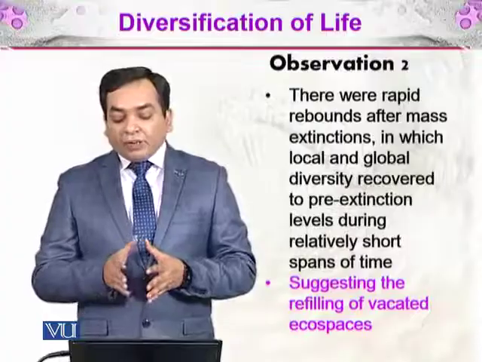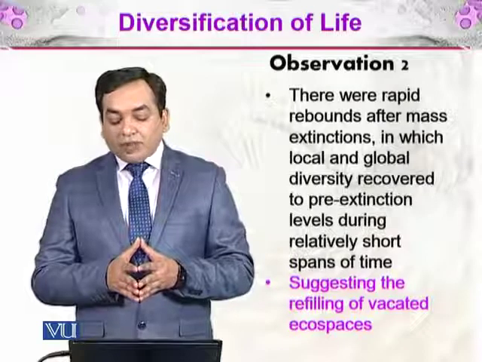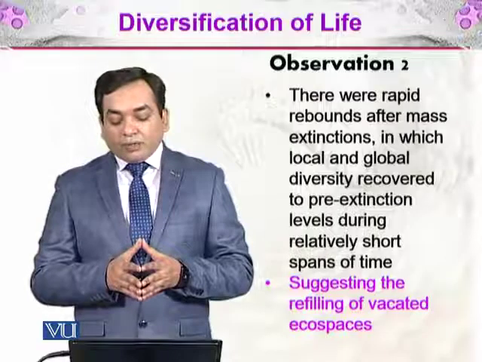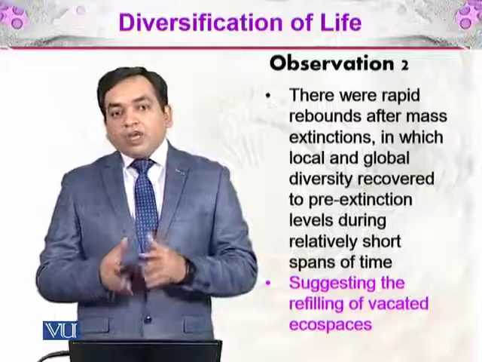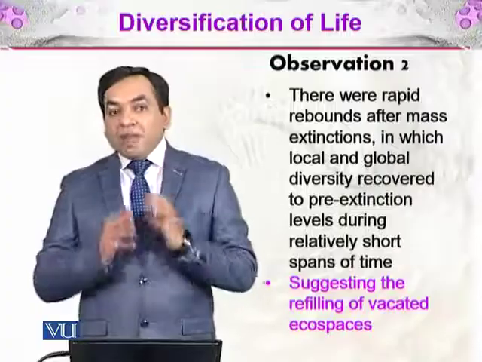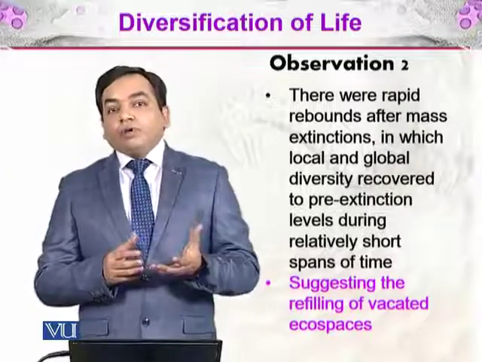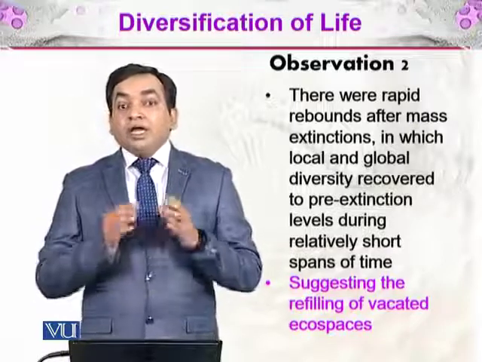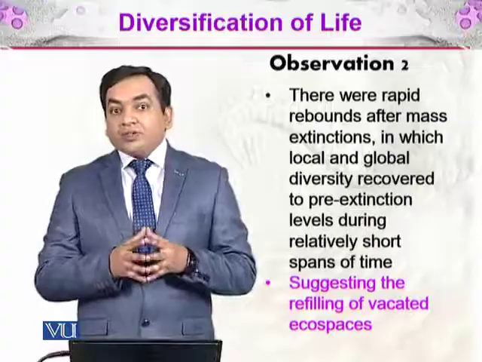The second observation is that there were rapid rebounds after mass extinction, in which local and global diversity recovered to pre-extinction levels during a relatively short span of time. We have been discussing that if a major extinction event comes, many organisms went extinct, and afterward there will be rapid expansion of species diversity in certain surviving groups of animals or plants, and that is called radiation.